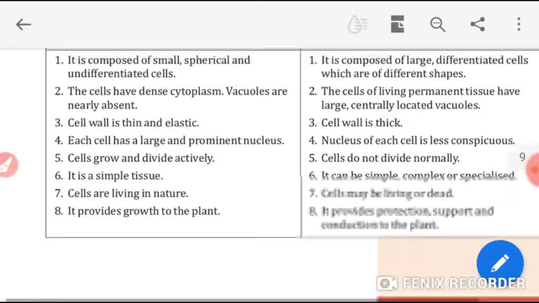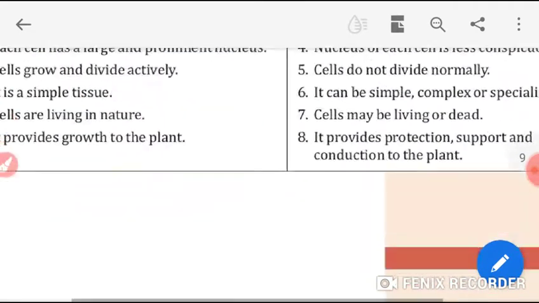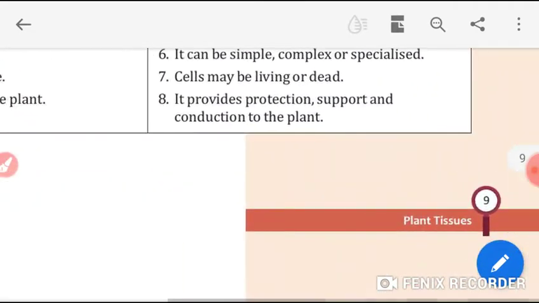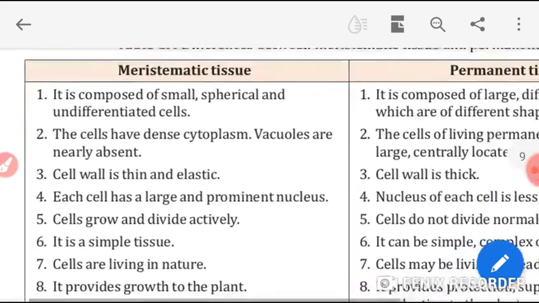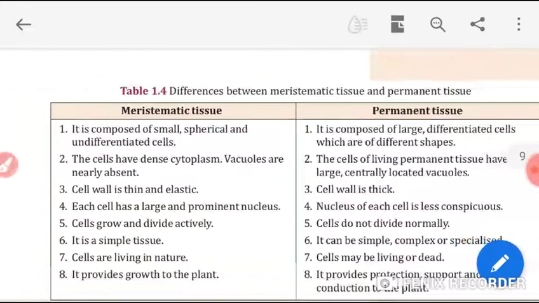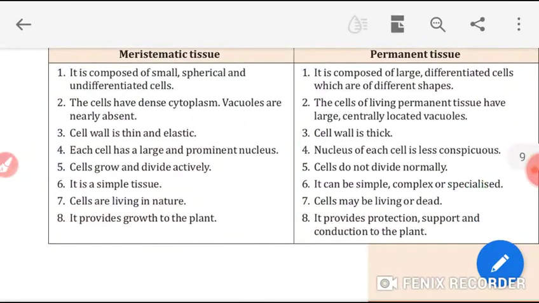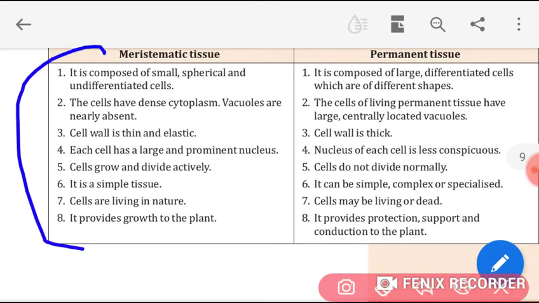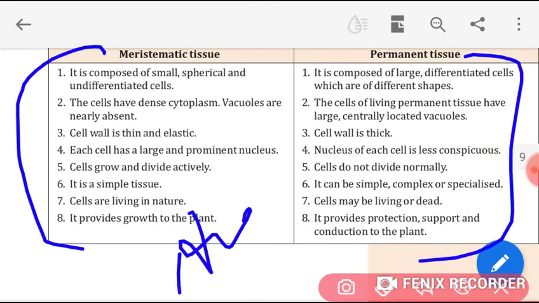The differences between meristematic and permanent tissues are given here. You have to write all the points. This full is your answer number fourth. Differentiate fourth one.